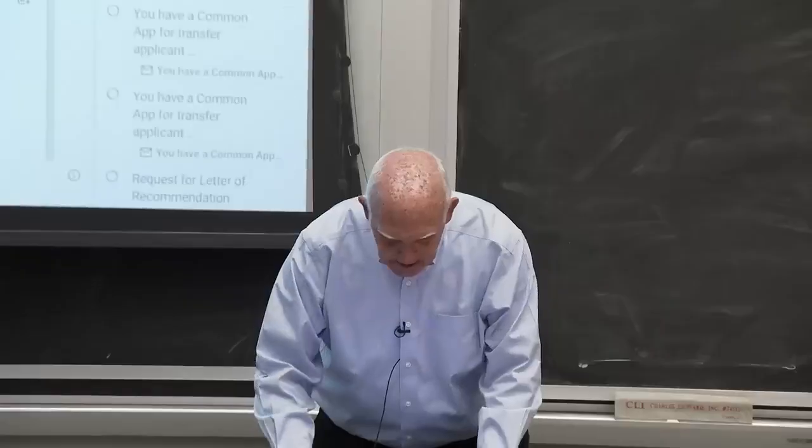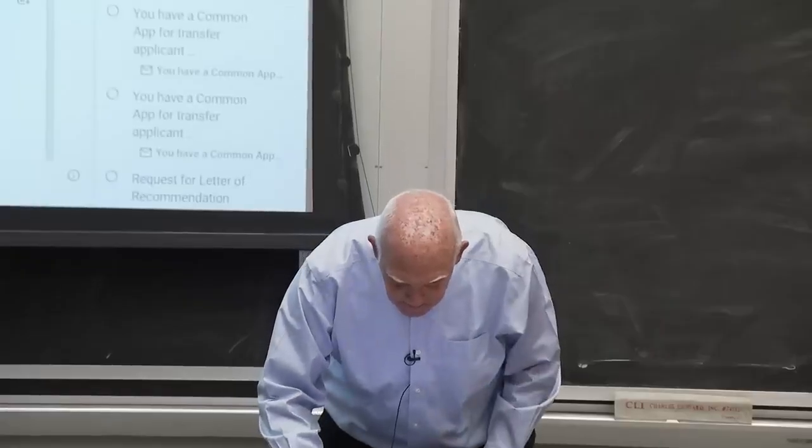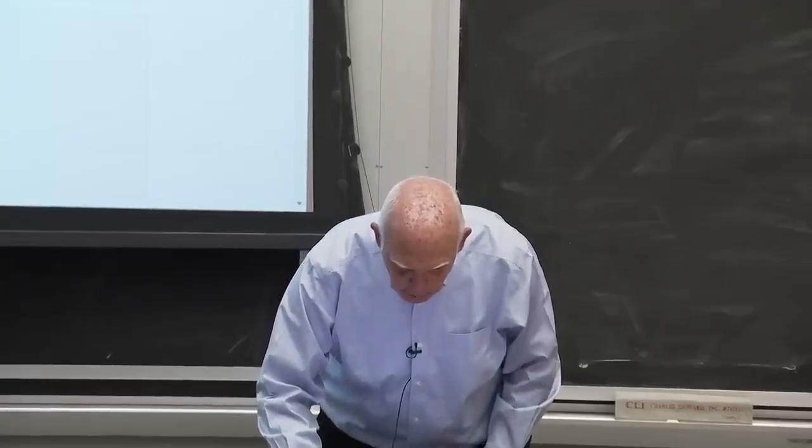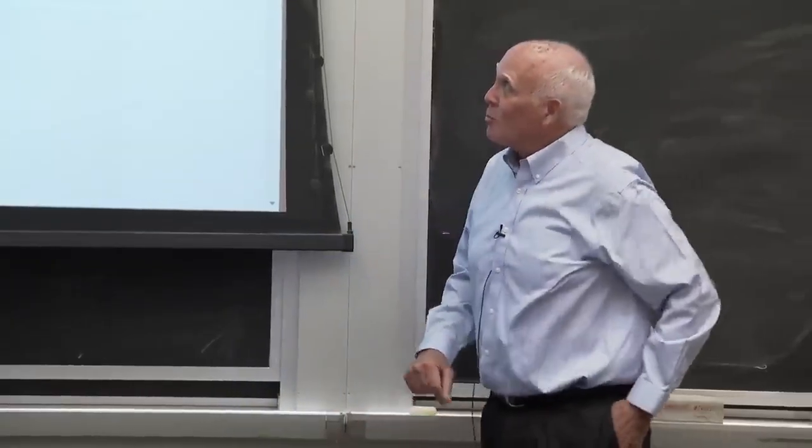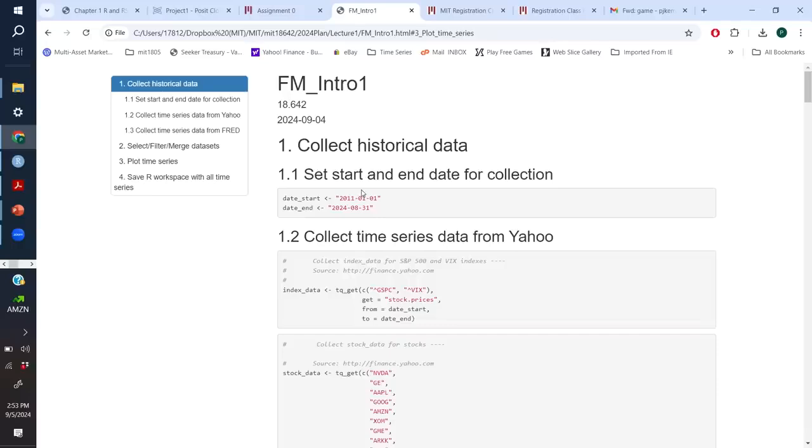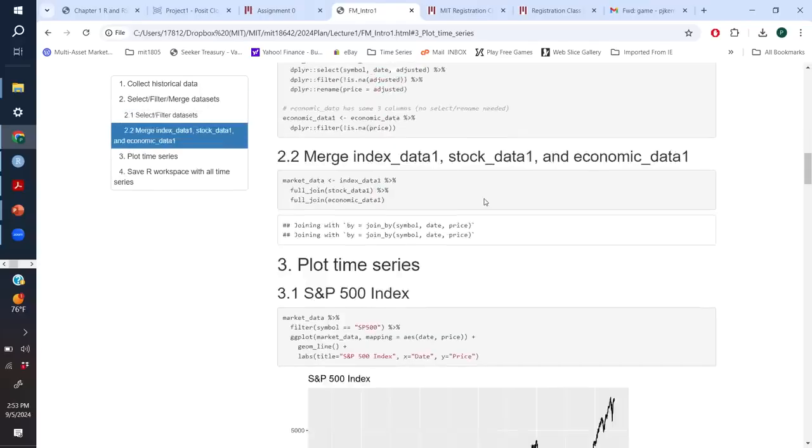So this FM Intro 1 R program basically will collect and display data, and you don't need to know anything except to maybe update the dates for starting and ending data collection.